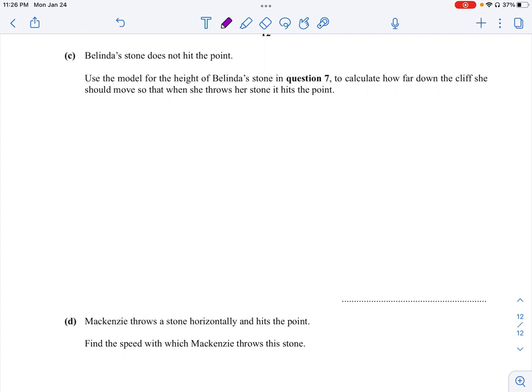Use the model for the height of Belinda's stone in question 7 to calculate how far down the cliff she should move so that when she throws her stone, it hits the point. So what height should she stand at? h is equal to 61.25 minus 4.9x squared divided by 800.